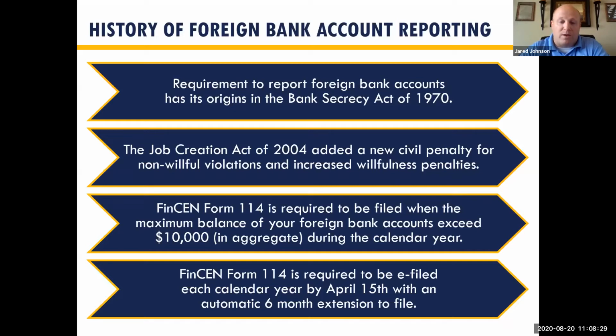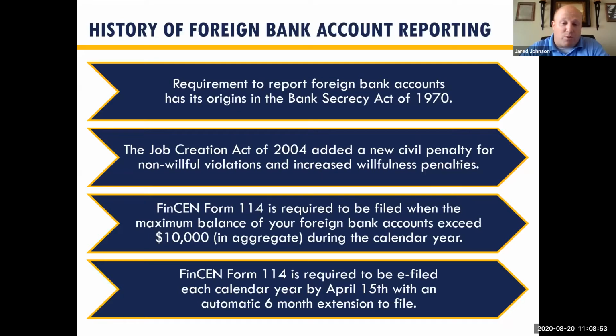A few years ago, it became required that FBARs be e-filed. They can no longer be paper filed unless you get a special exception. The filing deadline also changed a few years ago. It used to be a June 30th deadline.